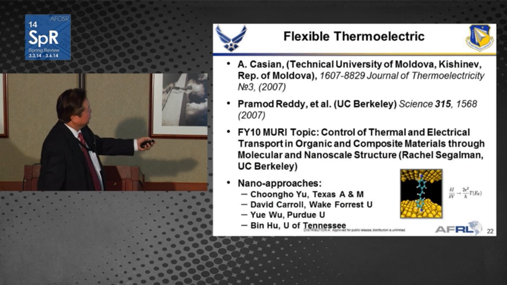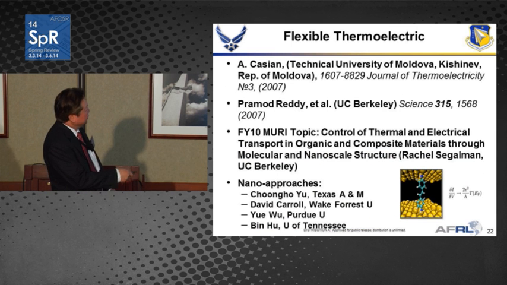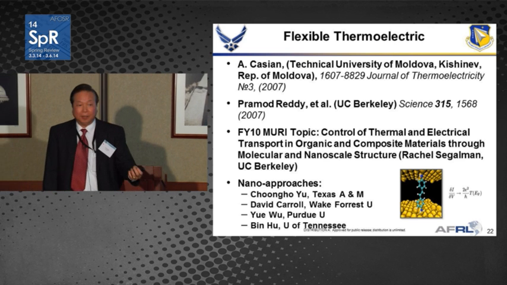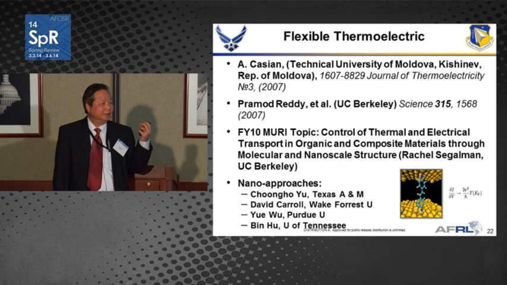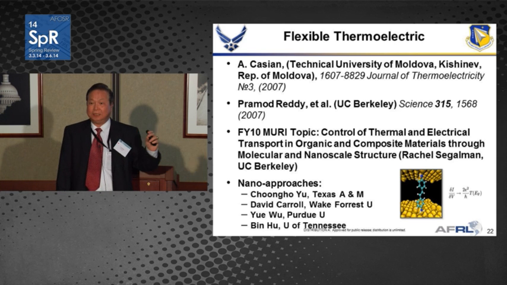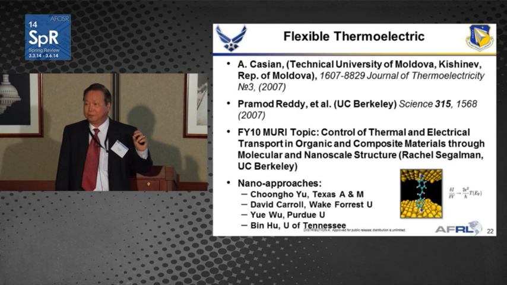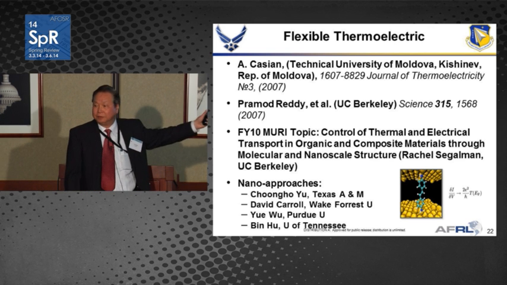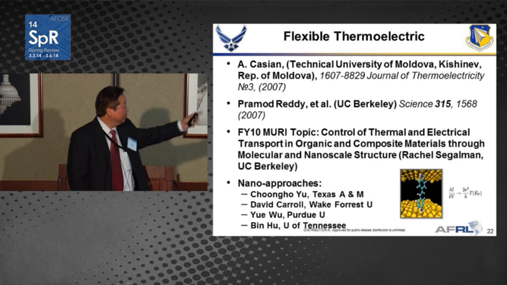Another area is flexible thermoelectric. This is a publication in 2007. It's a theoretical paper. It says that the organic material could have as high as a ZT, which is a figure of merit for thermoelectric material, as high as 25. Traditional materials is around 1.